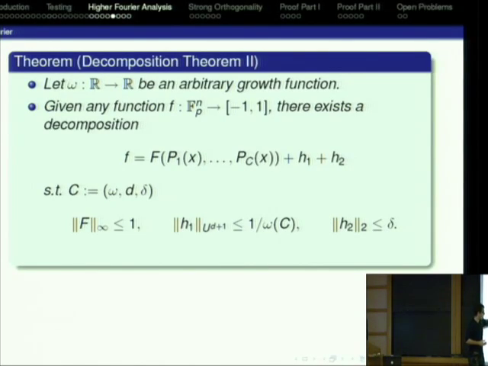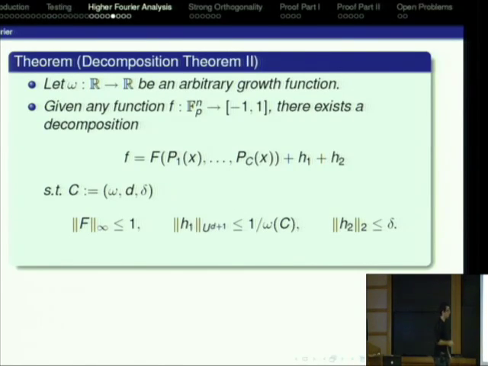But the first part is again bounded. But fortunately, this h1 part, its uniformity norm is bounded by this function that we picked, by omega of c. So you can make it as small as you want as a function of the number of polynomials that you are using. And then we'll have this h2 error, which we can bound its L2 norm, which is a very strong bound.